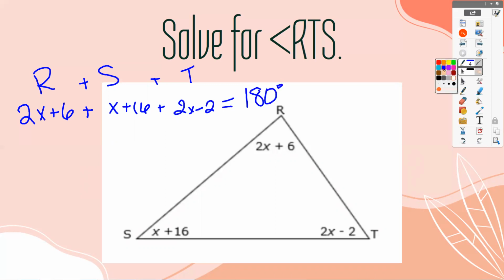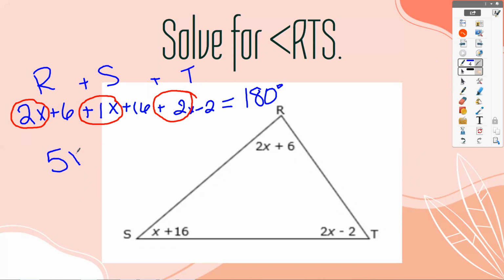So then I would simplify everything I can, like combine like terms. I have a 2x plus an x plus another 2x. So that gives me a total of 2 plus, technically that's a 1x, so 3 and then 4, 5 x's. And then I do the same thing with my numbers.